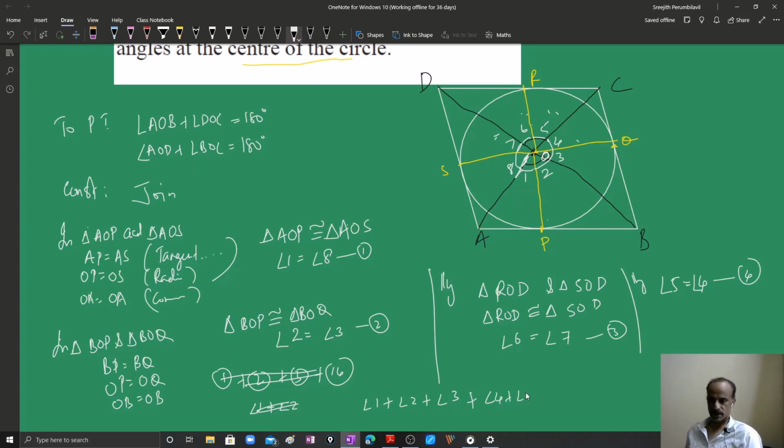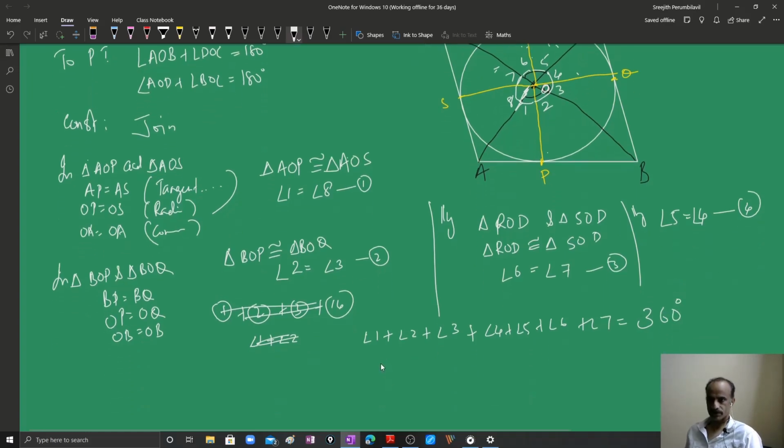Angle 1 plus angle 2 plus angle 3 plus angle 4 plus angle 5 plus angle 6 plus angle 7 is equal to 360, the total angle at the center of the circle. But angle 1 plus angle 2 plus angle 3 is the same as angle 2 plus angle 2, since angle 3 is the same as angle 2. The substitution is done. Angle 4 is the same as angle 5, so angle 5 plus angle 5.